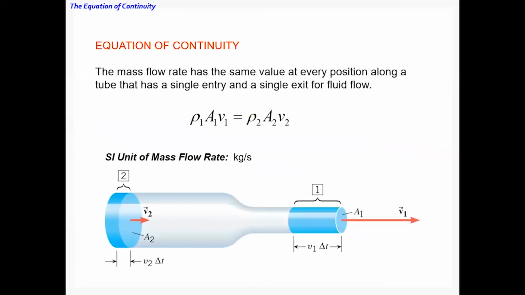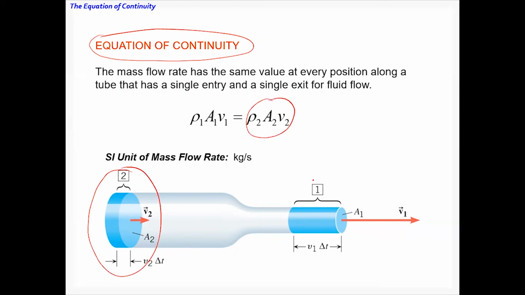All right, now I'm in a position to define the equation of continuity. The mass flow rate has the same value at every position along a tube that has a single entry and a single exit for the fluid flow. That's called the equation of continuity. As we did in the previous slide, the mass flow rate here is this, and the mass flow rate here is this, right?